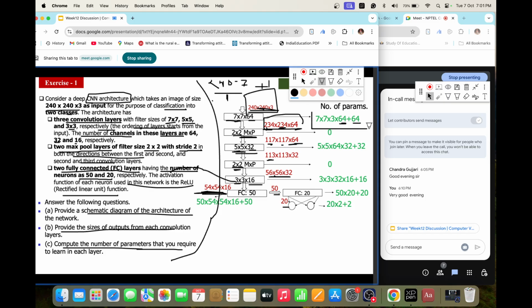By that you can get the number of parameters from the first convolution, and then similarly from the second convolution and third convolution. Here also you can get the number of parameters for the fully connected layer by the same thing. And at last for the fully connected layer with 20 you can also do the same. So that is how you can solve the whole question.